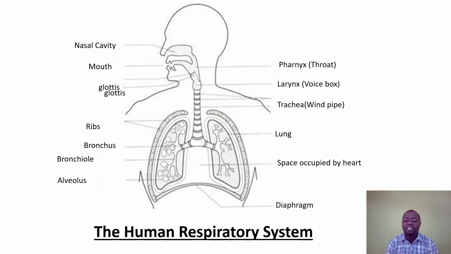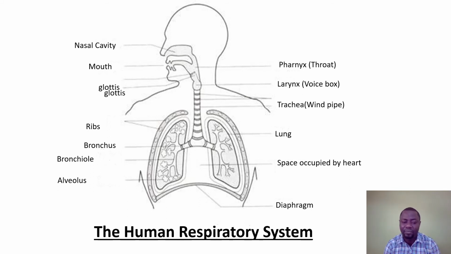You can also see the space occupied by the heart. Also, we have the diaphragm down there. It's a dome-shaped part of the body. We'll learn the functions of all these parts in respiration shortly.